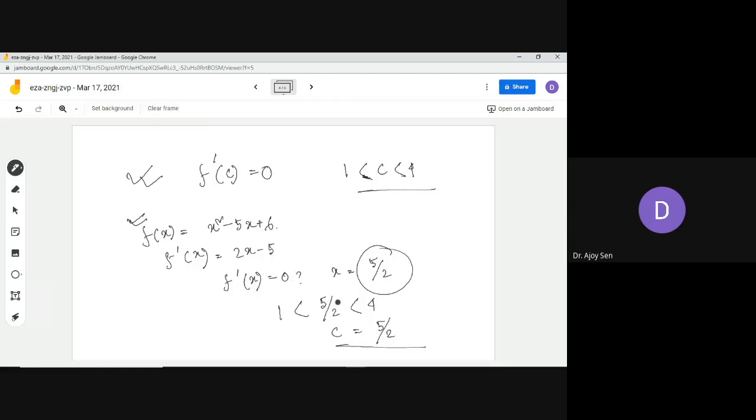From this you can easily say that at c equals 5/2, f dash x is 0, but make sure that c satisfies this condition, 1 to 4. This is 5/2, that means 2.5, so 5/2 is surely lying between 1 and 4. So Rolle's theorem is verified, and in this way we can verify Rolle's theorem.